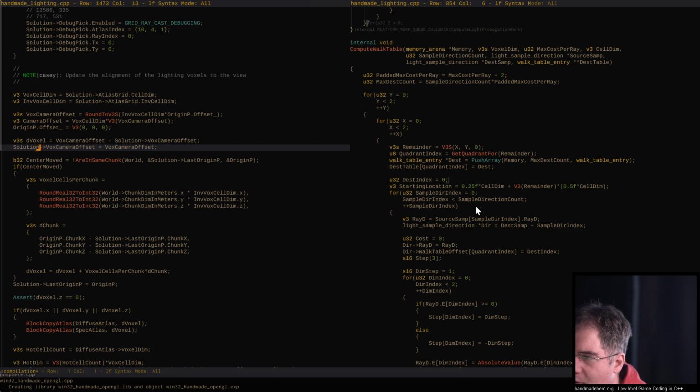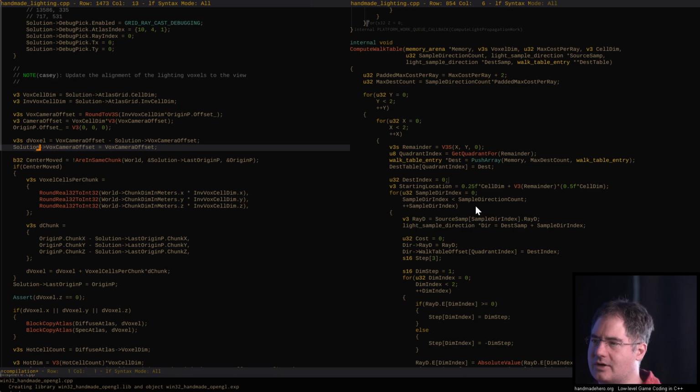I do think the walk table offset stuff had to have been broken before, because it just doesn't make any sense how it was working this time. And again, I don't know if we just want to rip this stuff out. My gut instinct says we do.